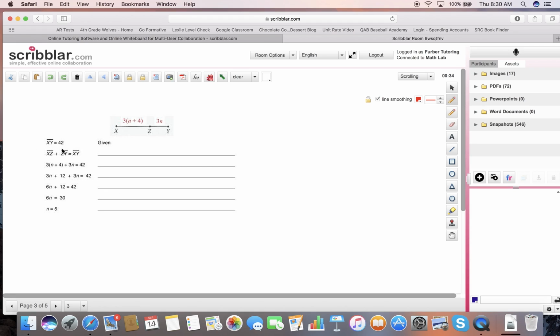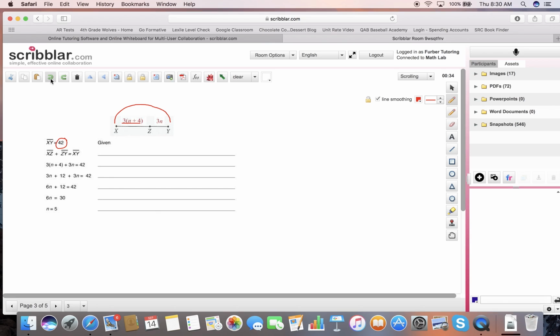So the first thing that's given to me is that the entire length of this segment XY is 42. And then we already mentioned on the previous page that if I'm going to solve this for n, I'm going to use these values to do that. I'm going to eventually set them up equal. So why am I doing that?